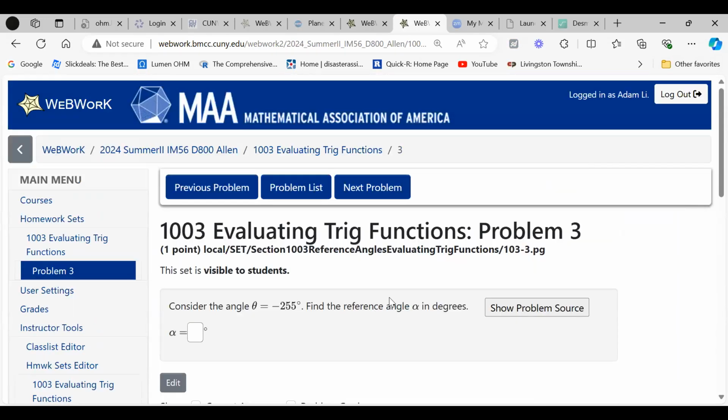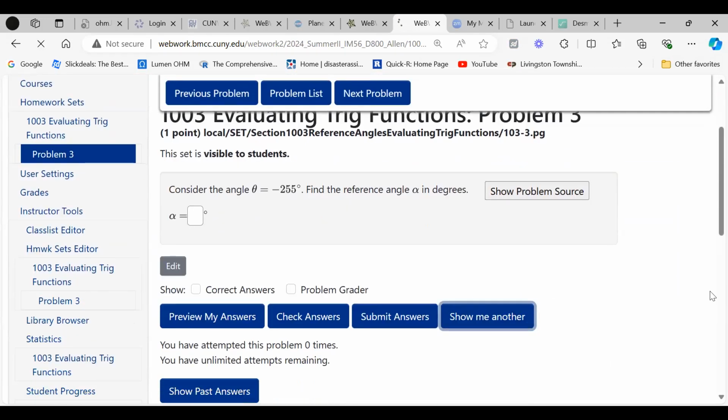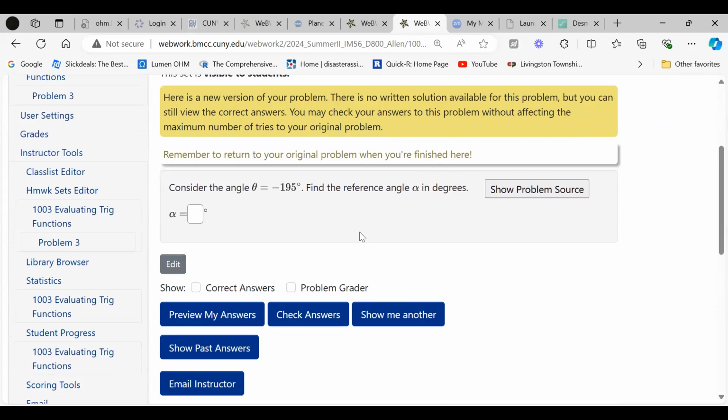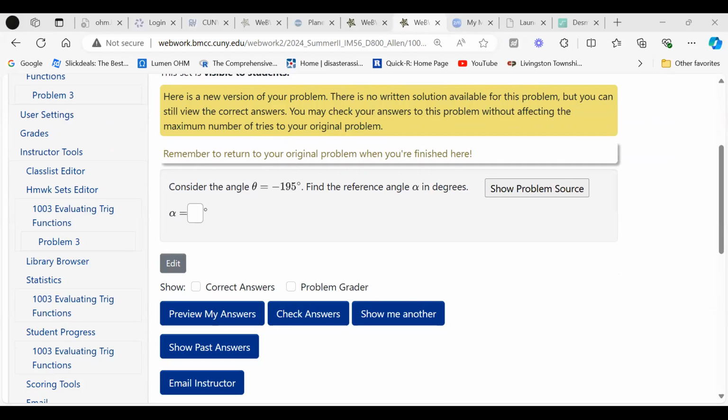Let's try this. If the angle is minus 195 degrees, find the reference angle alpha in degrees. I'll let you find out yourself.